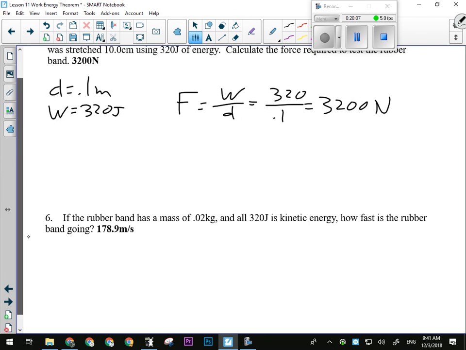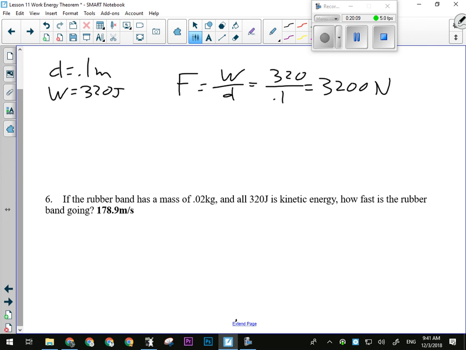For number 6, the rubber band has a mass of 0.02 kilograms, so 20 grams. All of the 320 joules worth of work that were put into stretching it are now going to be kinetic energy once he lets it go. So the kinetic energy of the rubber band is 320 joules, and that can be calculated by going 1/2 mv squared.